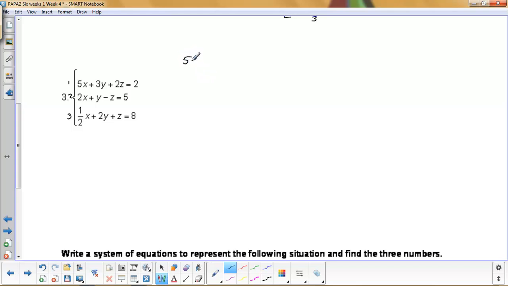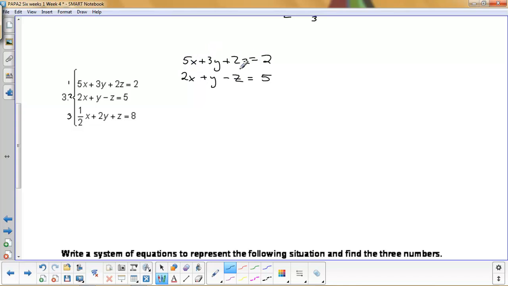So that's going to be 5x plus 3y plus 2z equals 2, and 2x plus y minus z equals 5. We are going to eliminate one of the variables and we will have a resulting two-variable system of equations.